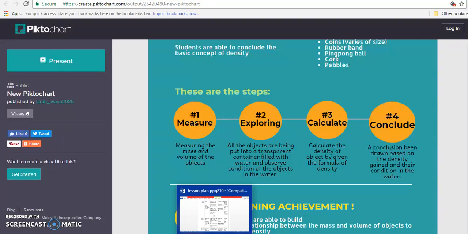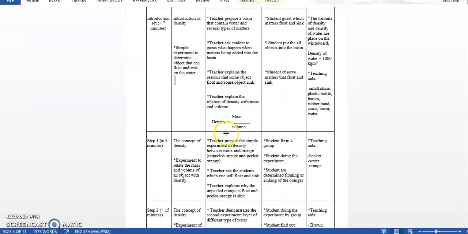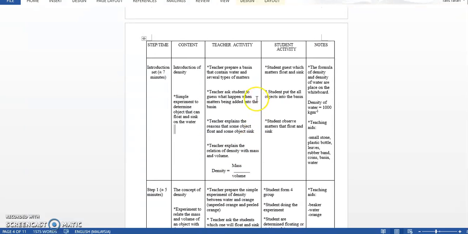This is really important in this topic. At first, students can guess which metal will float and sink. Then they need to prepare the water and the objects that we discussed before.